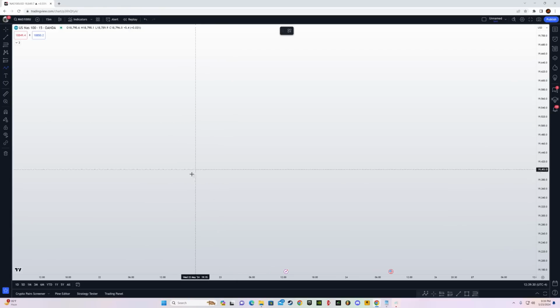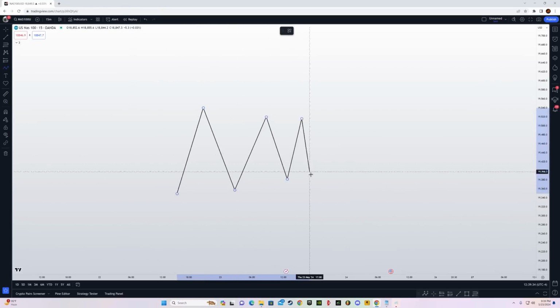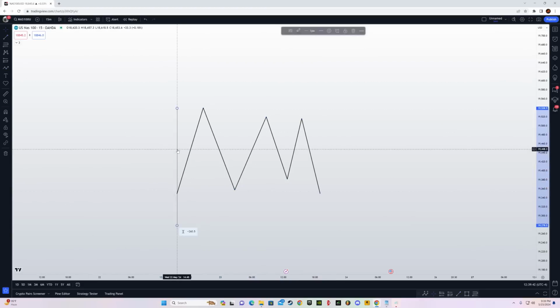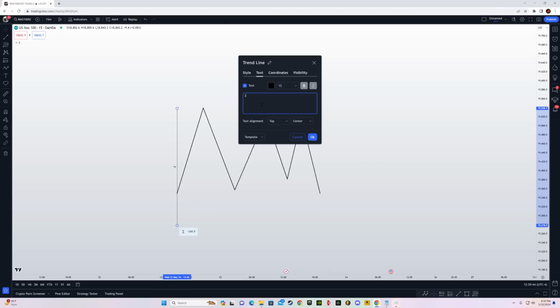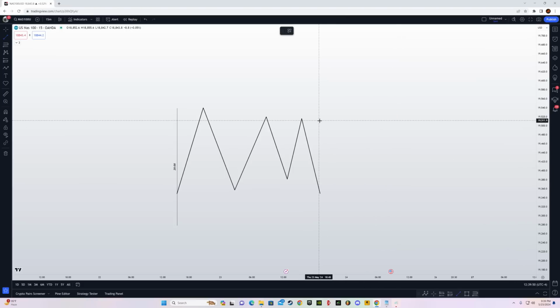The number one thing is that you have to mark out the Asian session range high and the Asian session range low. The Asian range starts from this New York time, and it ends at 2 a.m. New York time.